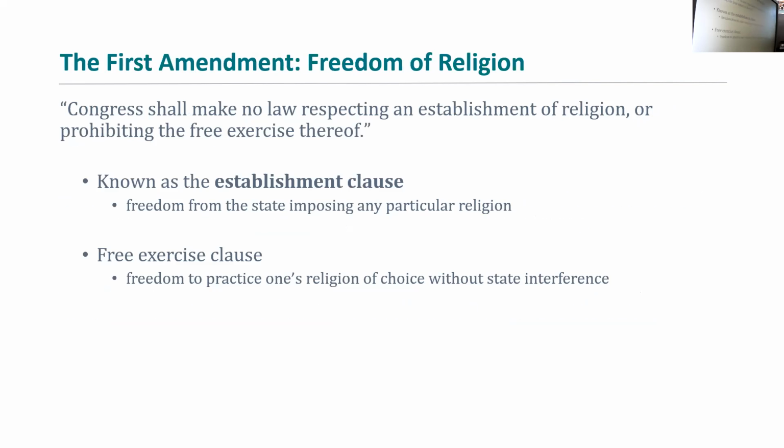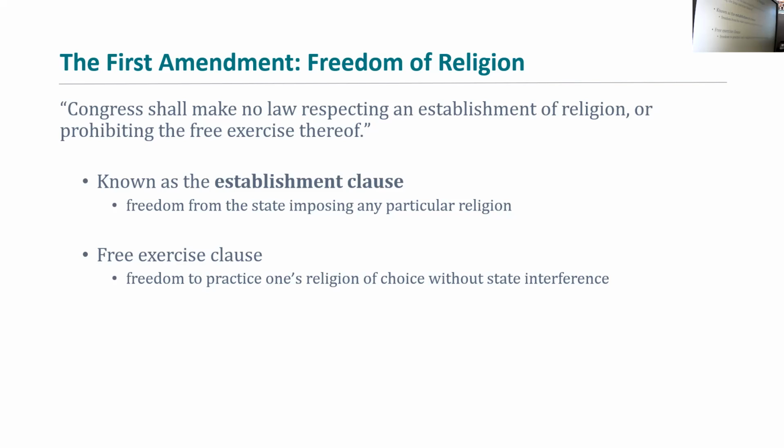The First Amendment, freedom of religion, is probably one. Freedom of speech and freedom of religion are equally important, but you really can't have freedom of religion without freedom of speech. There are a lot of aspects of our Bill of Rights that are intertwined in that regard.